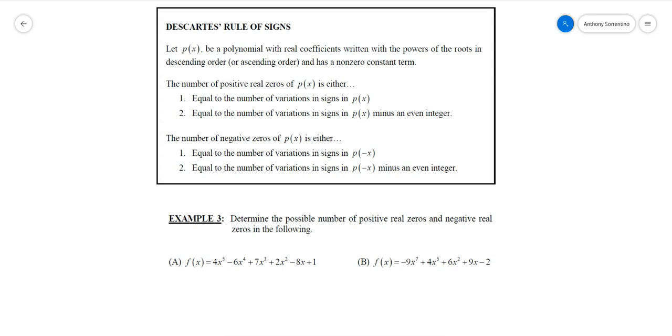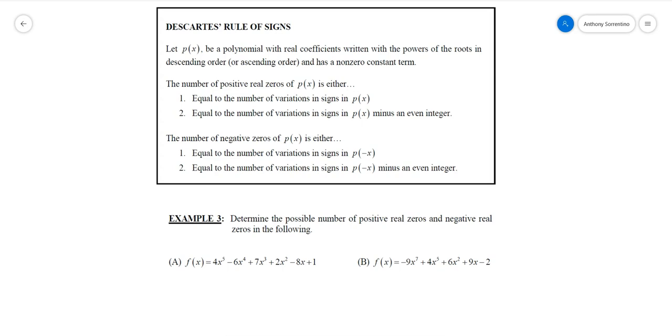It's saying that let P of x be a polynomial with real coefficients written with the powers of the roots in descending order or ascending order. So basically, if we write this in standard form, we're good. The number of positive real zeros of P of x is either equal to the number of variations in signs in P of x, or equal to the number of variations in signs in P of x minus an even integer.